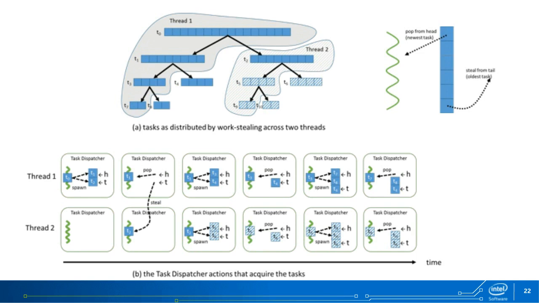It stole something really large, what is T2 here. And after this point, these threads never have to communicate with each other again. If you're familiar with what you want to optimize in parallel programming, often you don't want things to be communicating with each other. And so we have a good property here as well.